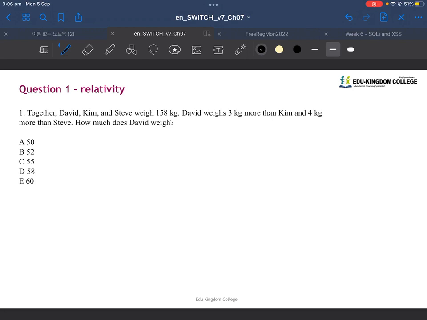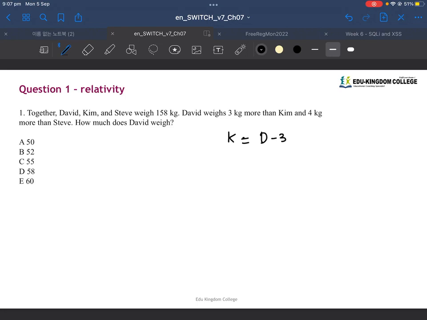Now, these sort of questions we have to tackle by defining terms in numerals in terms of what we want to find. What do I mean by that? If we're given that David weighs 3 kilograms more than Kim, we have to define Kim, or K, as D minus 3.